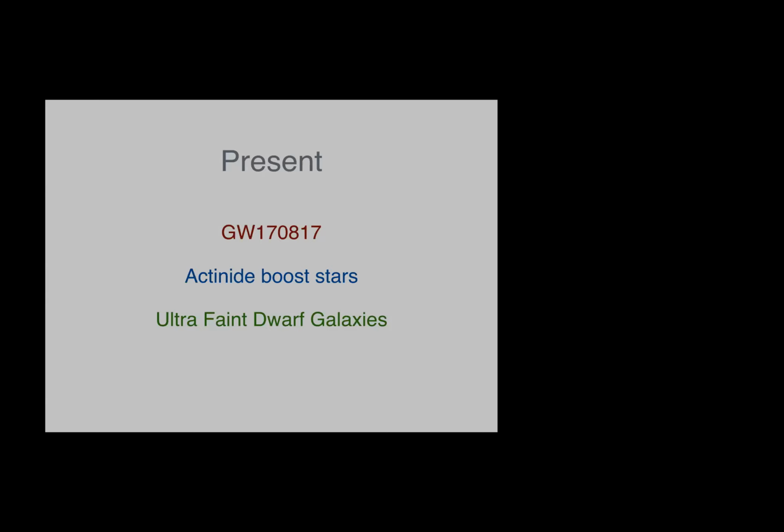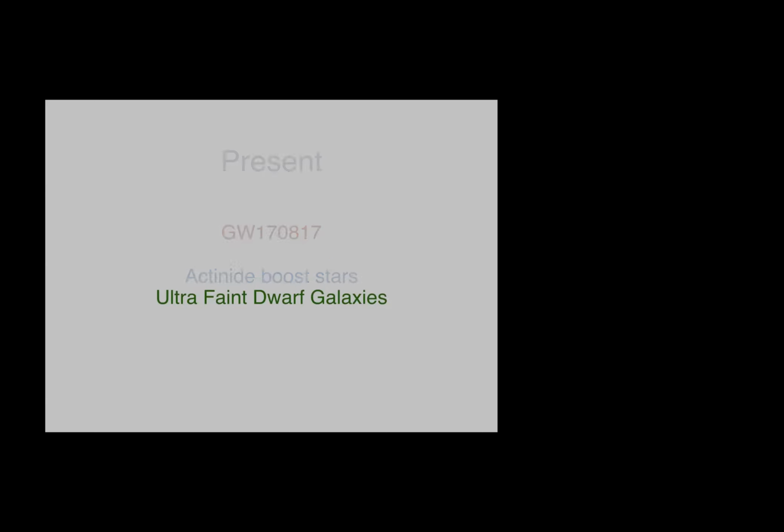The actinide booster stars, which I will not talk about, but they're very interesting stars, and the ultra-faint dwarf galaxies. In this talk, I'm only going to talk about the ultra-faint dwarf galaxies and show that they by themselves are also very powerful to limit and constrain the possible sites of R process enrichment in the universe.